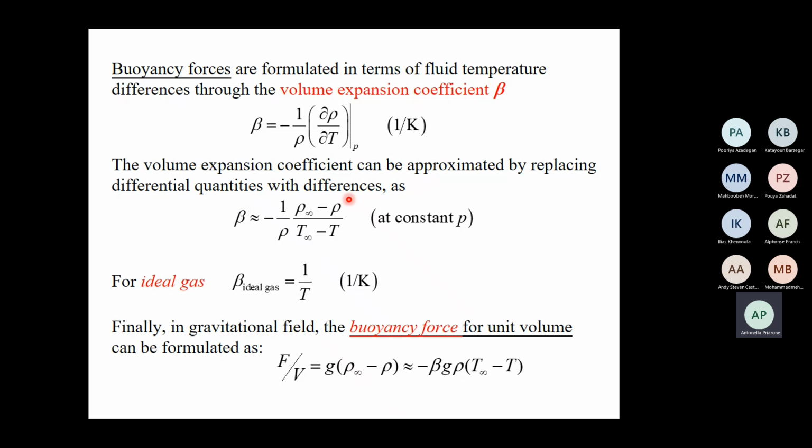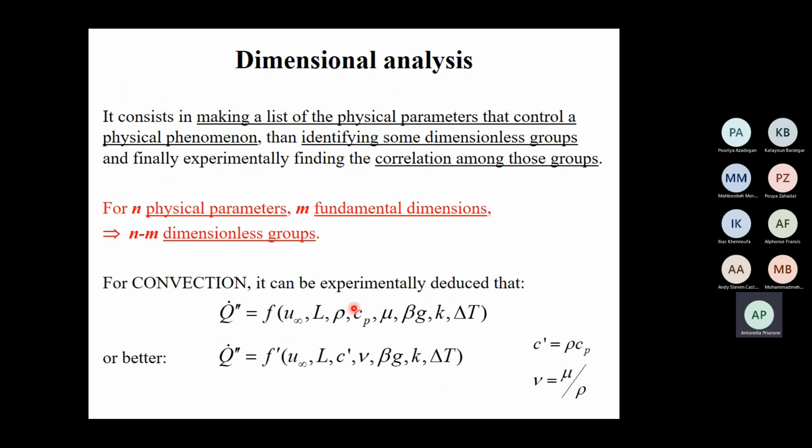Using this approximated formulation for beta allows us to obtain an expression for the buoyancy force that is beta g delta T. So beta g is a way to complete the list of parameters with the influence of the buoyancy force, because the density is already contained in the dynamic viscosity, the kinematic viscosity, and the specific heat capacity, and delta T is already here.